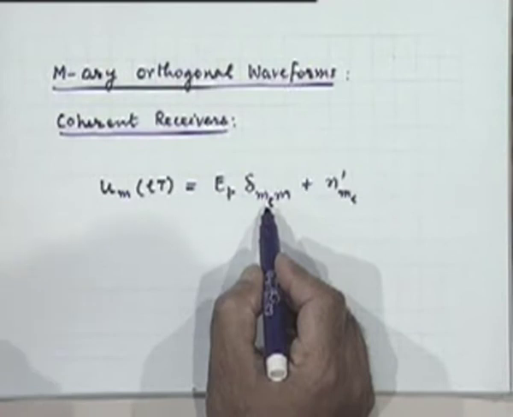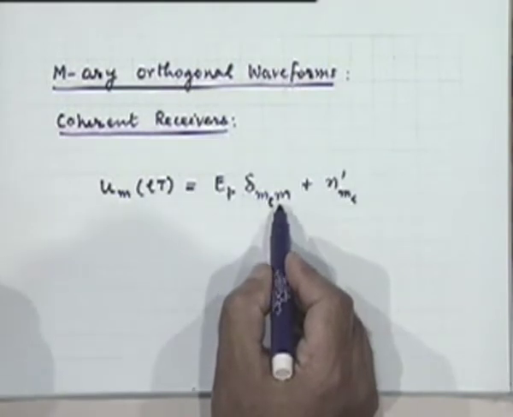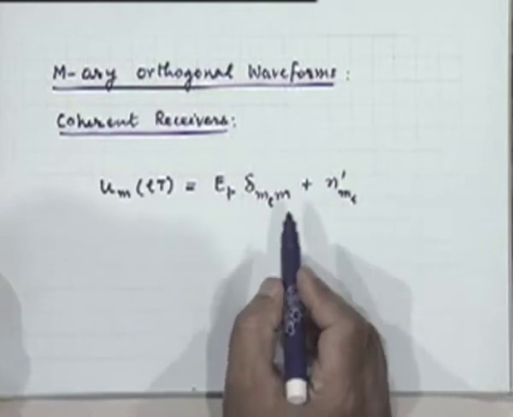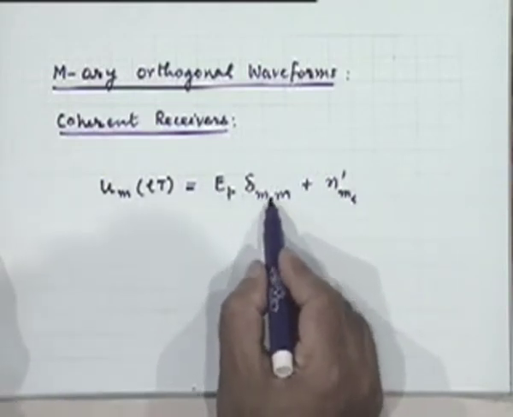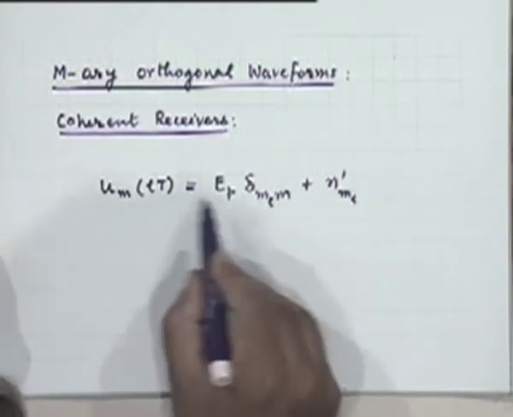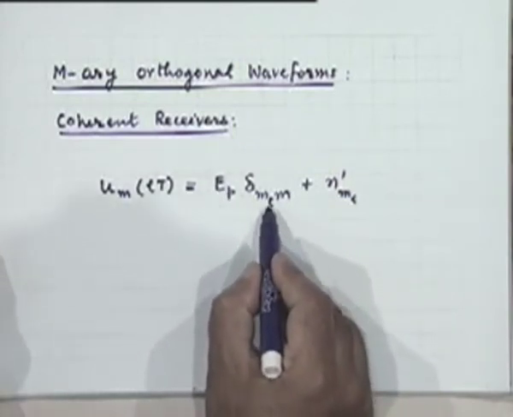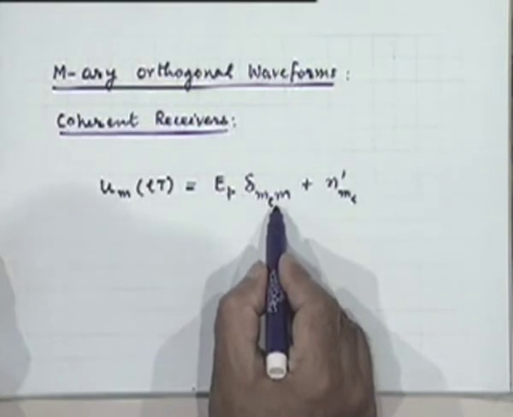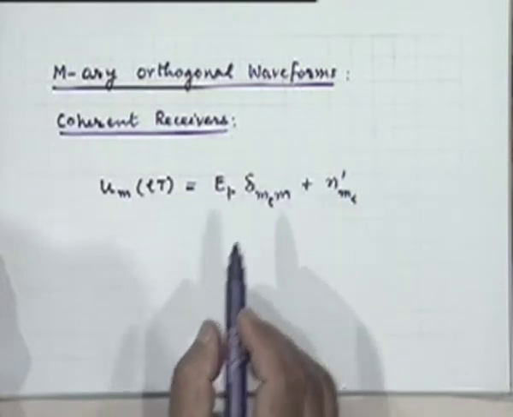M sub l also will take the values from 0 to capital M minus 1, right? So will m. The index m denotes which matched filter output we are looking at, and m sub l denotes the actual symbol that was transmitted in that interval. So obviously we'll expect this contribution from the pulse to come only in the m sub lth filter output, right? That's why this Kronecker delta function is appearing in this expression.